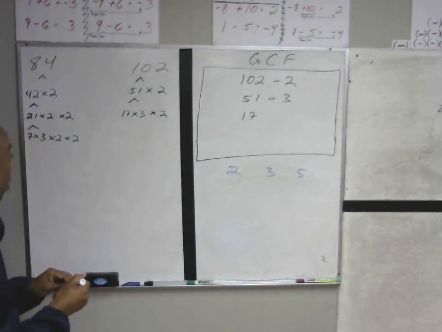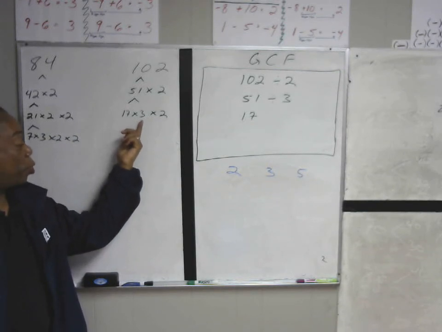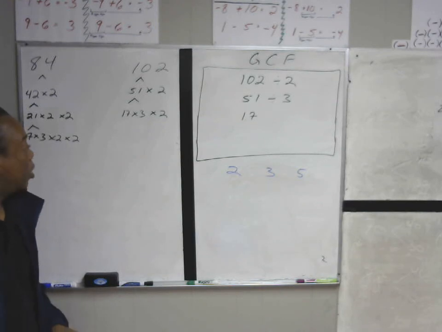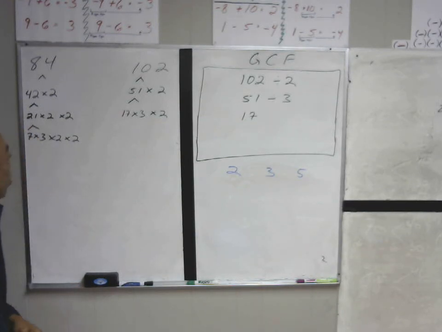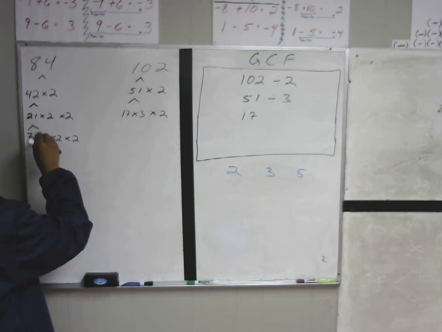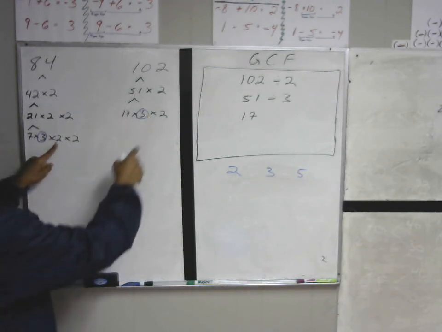All right, now that we have all our factors, 17 is prime, 2 is prime, 3 is prime, and 2 is prime. So we cannot divide anymore, other than by 1. So we're going to circle what's common. The 3 is here and here, so those are common. There's a 2 here and a 2 there.